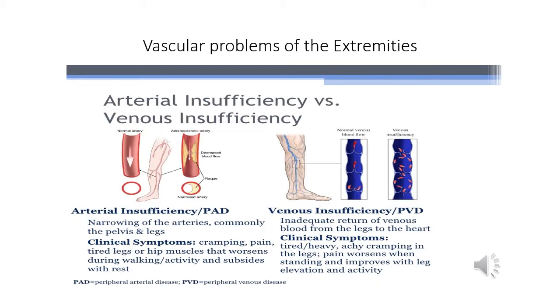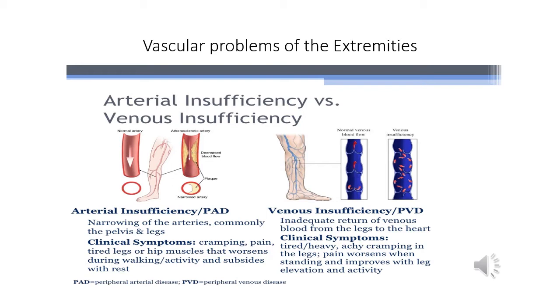So we're going to start talking about peripheral arterial insufficiency. Remember that peripheral venous insufficiency comes later at the end of this lecture, but I offer this slide so you can do a little compare and contrast. There's a nice table in your text, and that page number is listed down below.